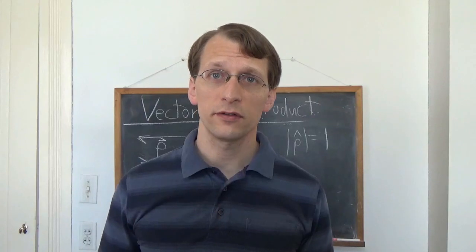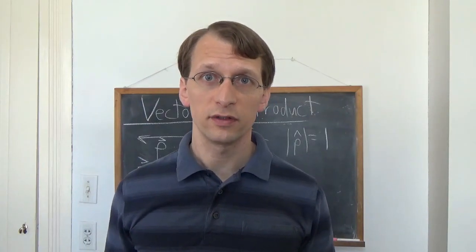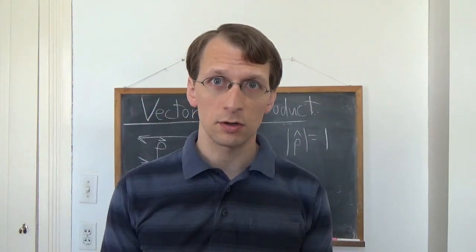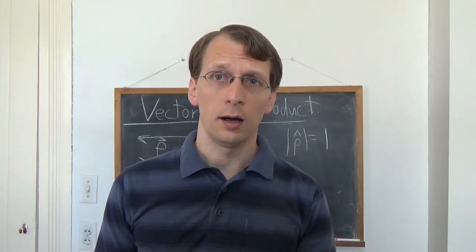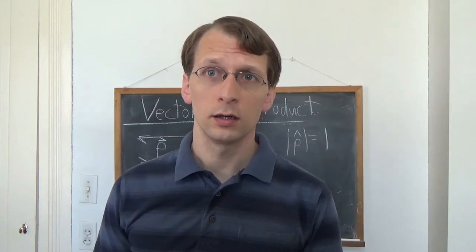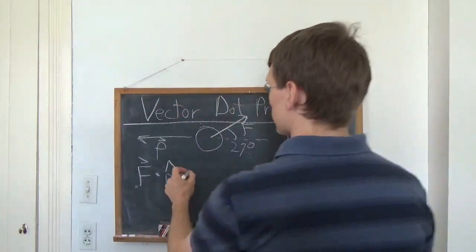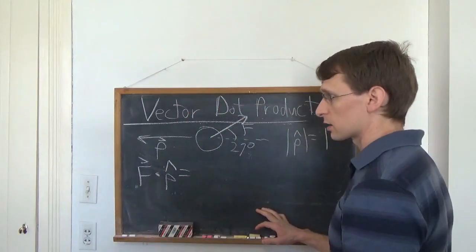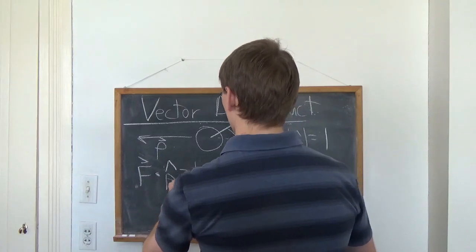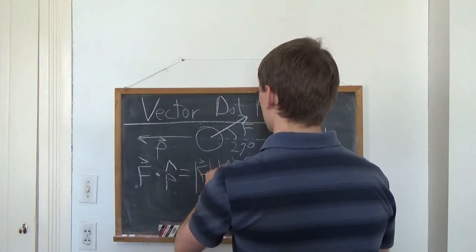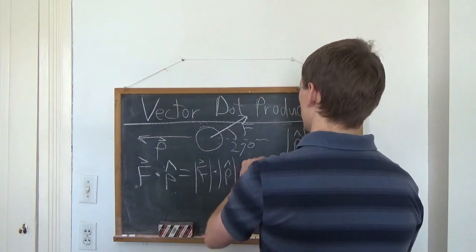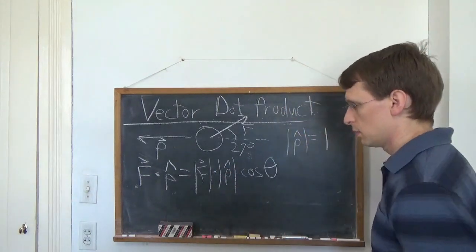As with any unit vector, the magnitude of p hat, which is the unit vector in the direction of the momentum of the ball, is 1. So when we do this math of the dot product, it's going to be the magnitude of the force times the magnitude of p hat times the cosine of the angle between them.